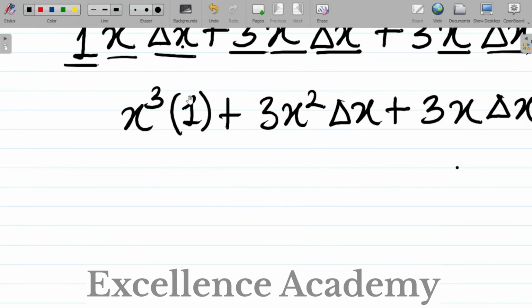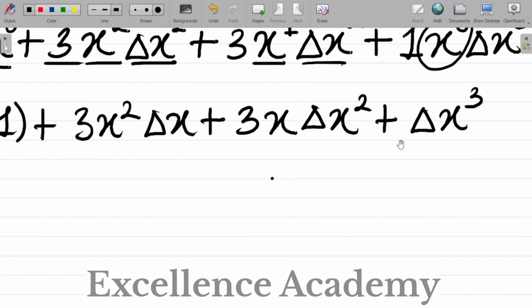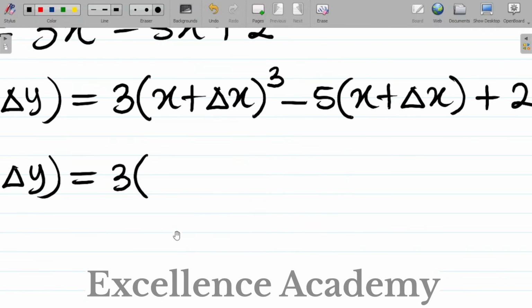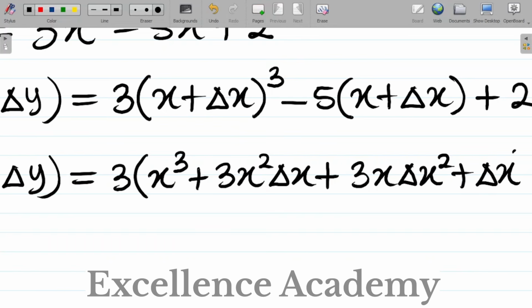So you have this as x cubed plus 3x squared change in x plus 3x change in x squared plus change in x cubed. All right, so let's take that down. So this will give you x cubed plus 3x squared change in x plus 3x change in x squared plus change in x cubed.